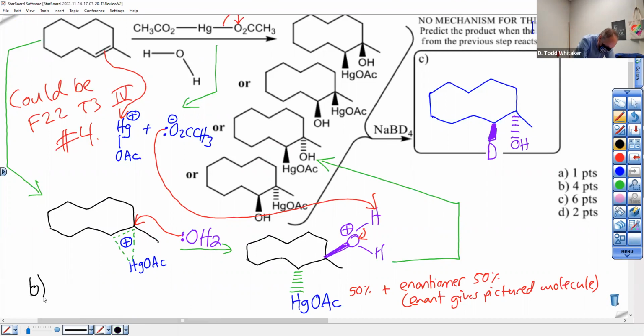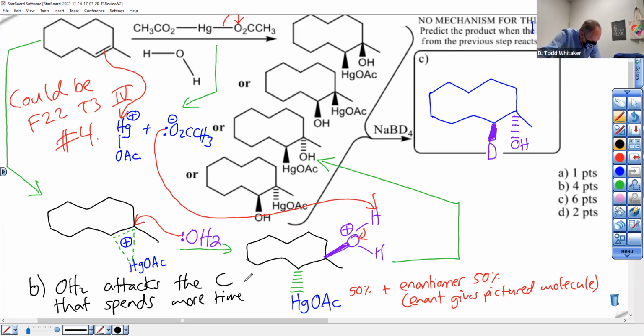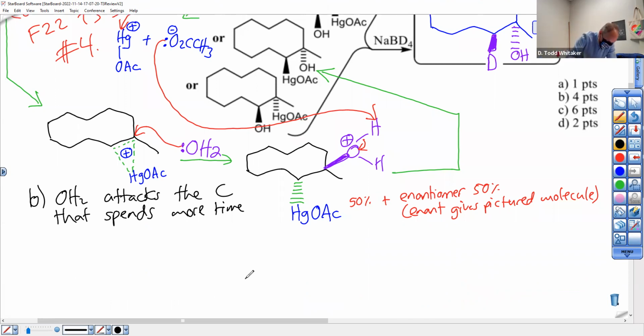B, OH2 attacks the C. This is a better wording than the previous one. It cuts down some words. Attacks the C that spends more time with a C+. That's why the O ends up on the more substituted carbon.